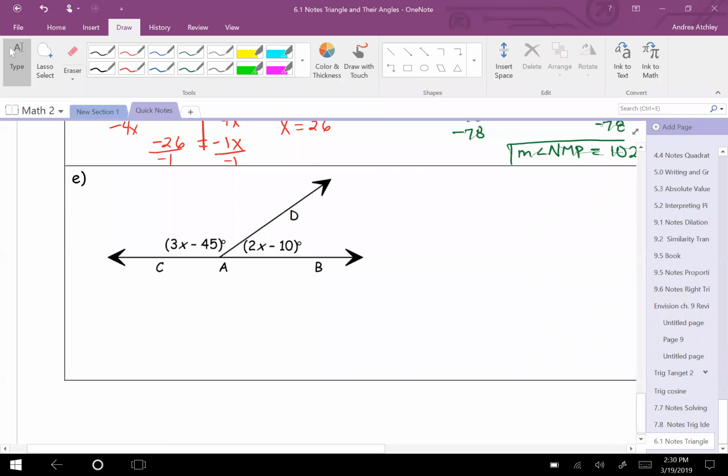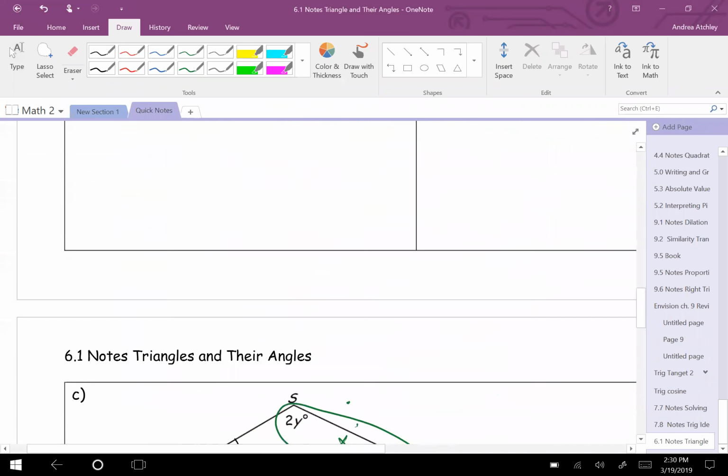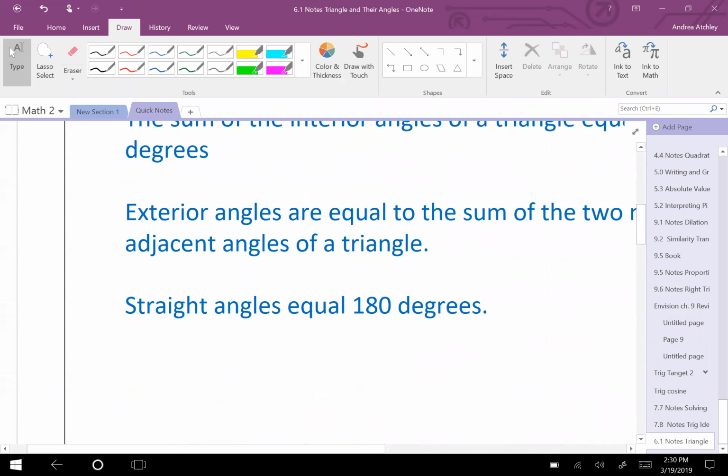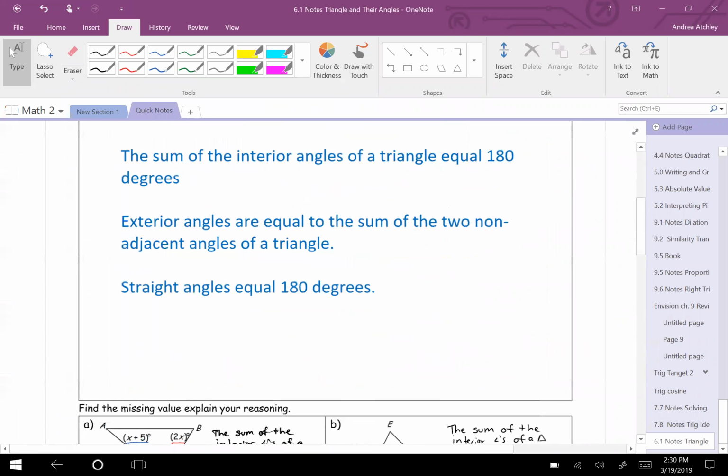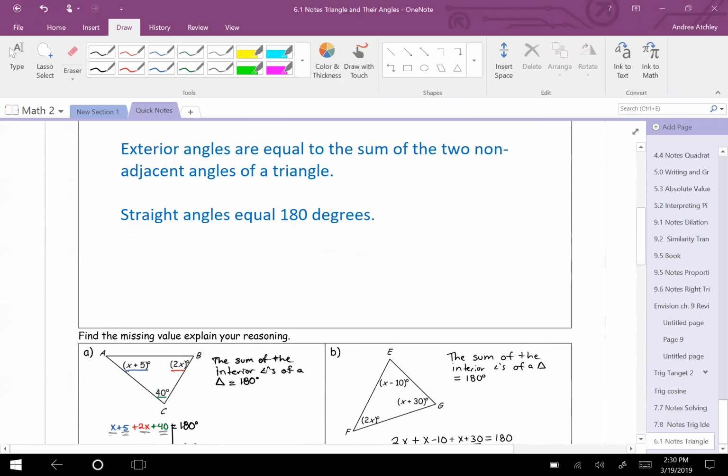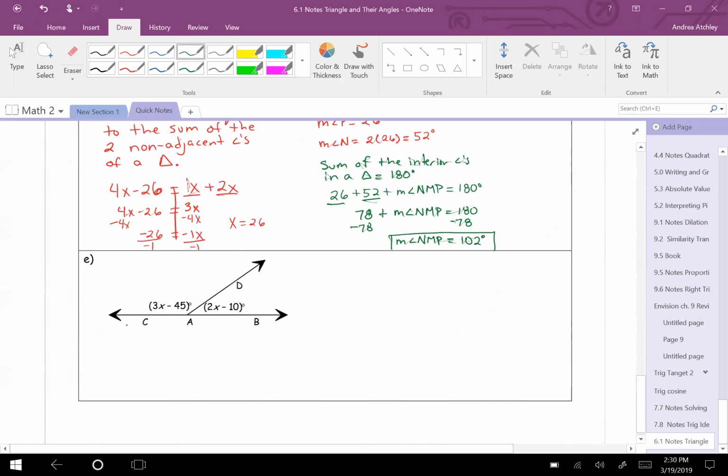Okay, so we're going to go back and look at our theorems. And which one of those theorems would apply to that figure? It's not a triangle, so it can't be those first two because those are all about triangles. So it has to be straight angles equal 180 degrees. So CAB is a straight angle.